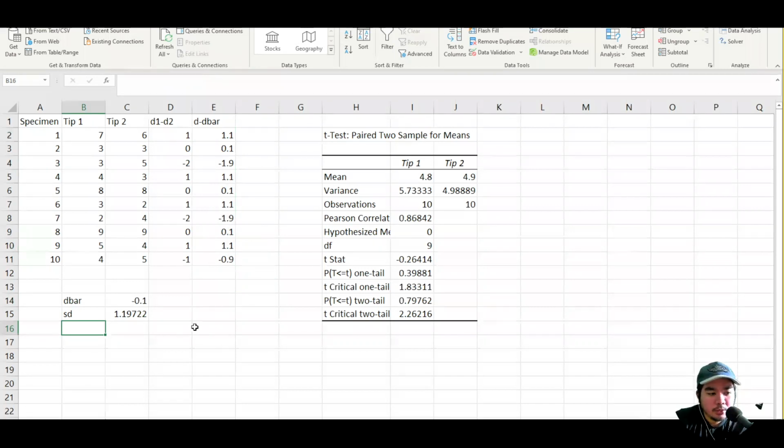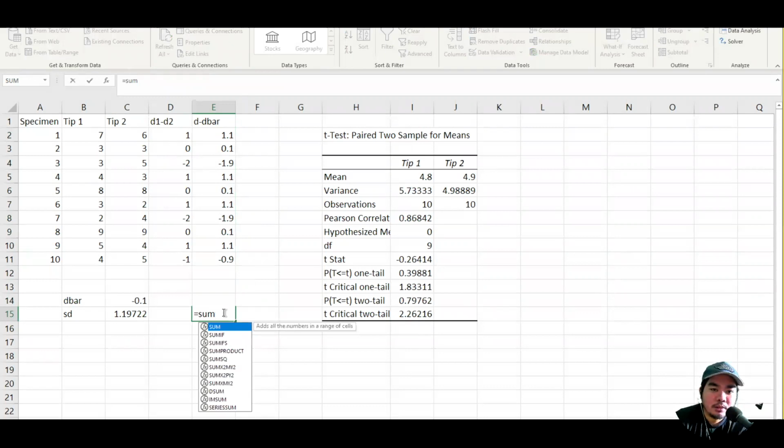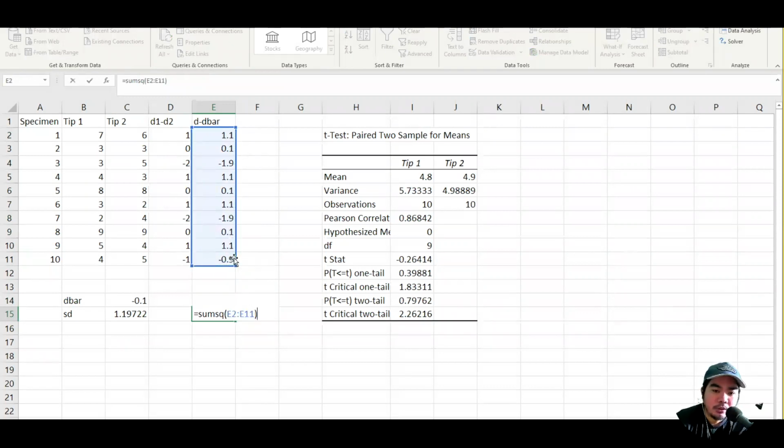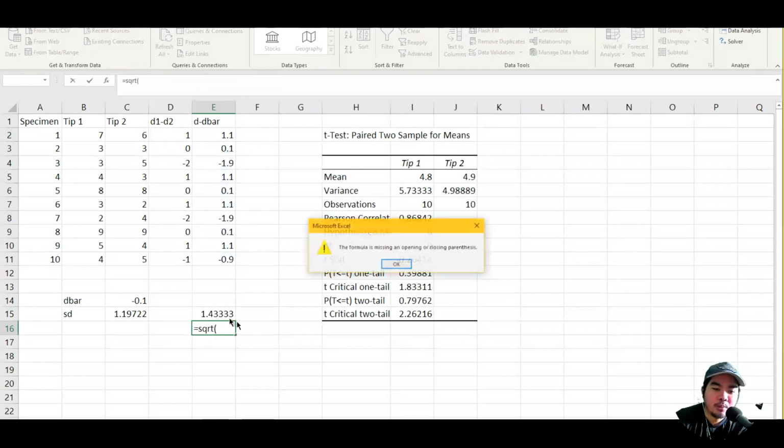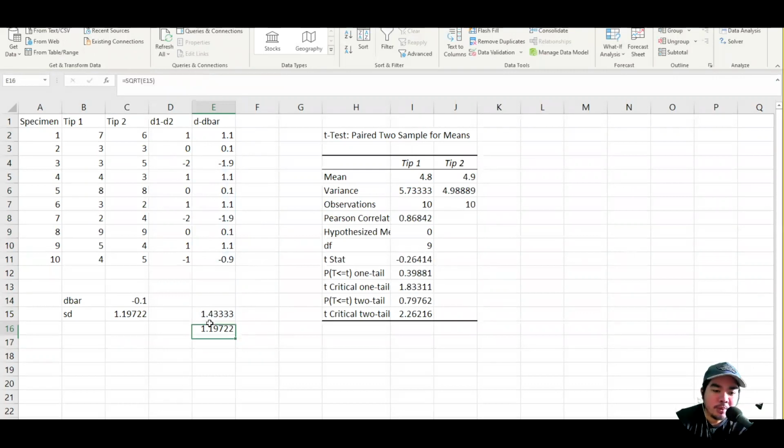Kung ima-manual pala, tama, tama. Kasi ang gagawin dito is equals sum square over 9, and if you get the square root, let me just double check kung ito nga ba siya. Tama, ito siya.